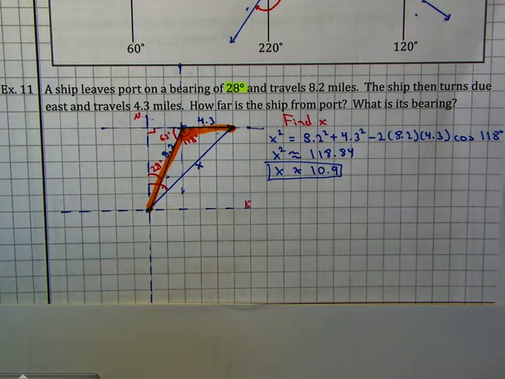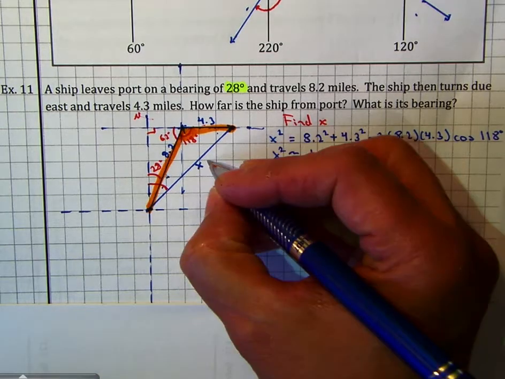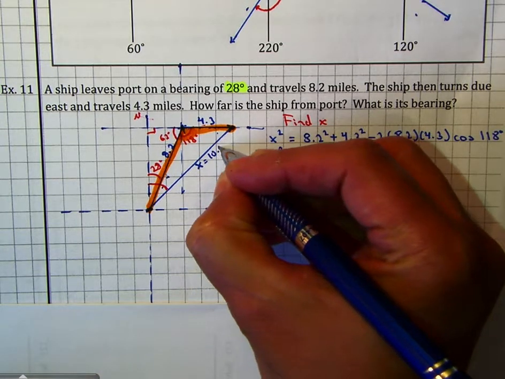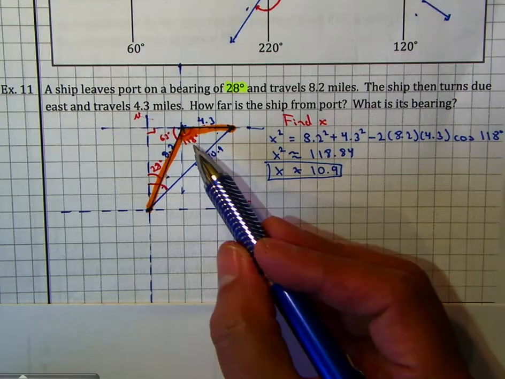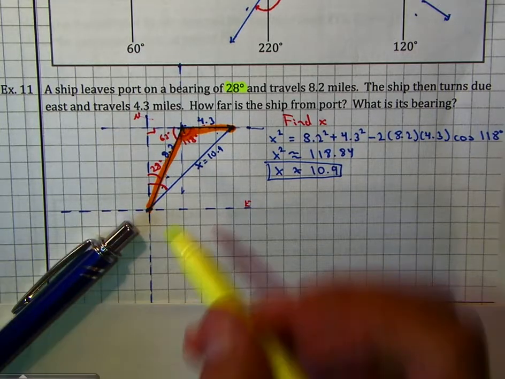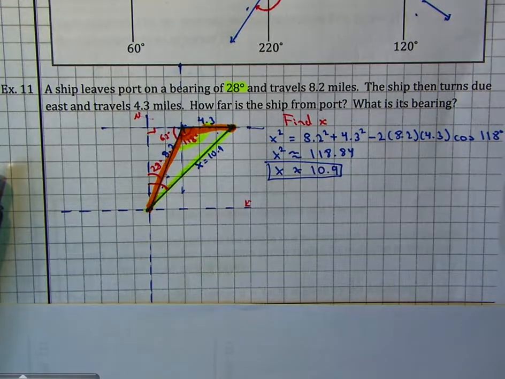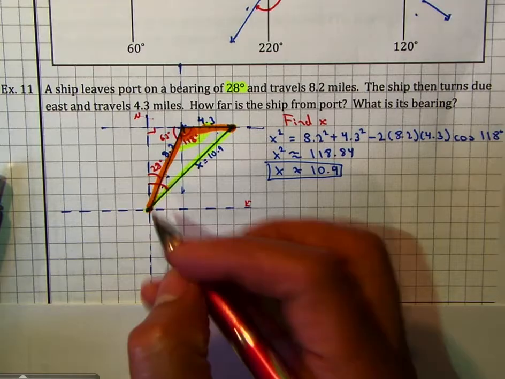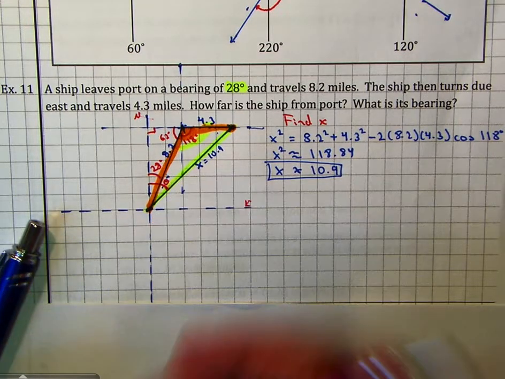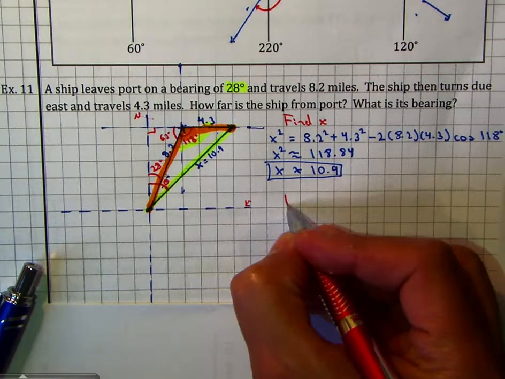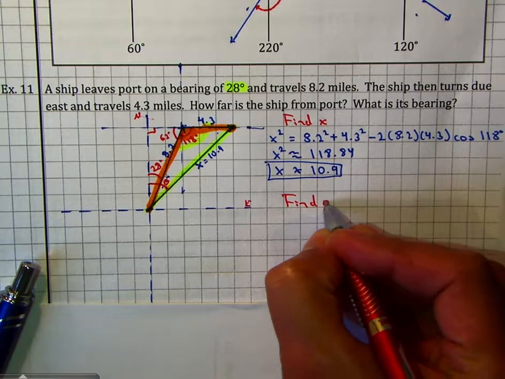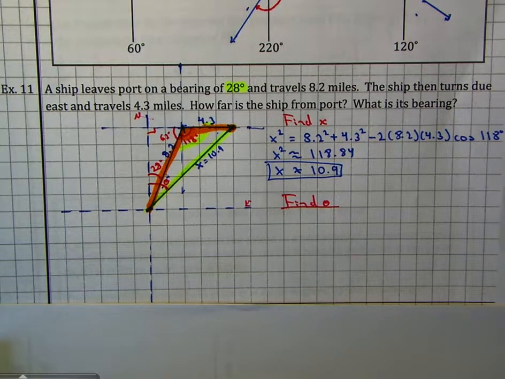So therefore, what should I use? Well, I already know that this is 10.9. So I have my opposite angle and my opposite side. So I can use my law of sines. Let's label that as angle theta. So we're going to find theta by using the law of sines.